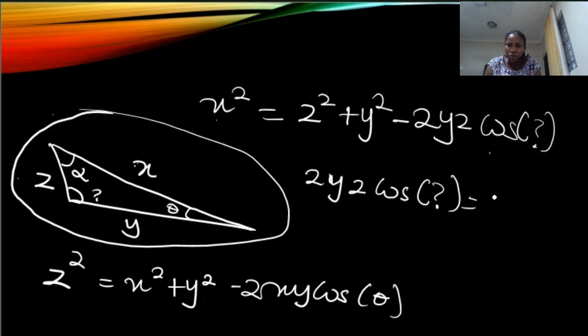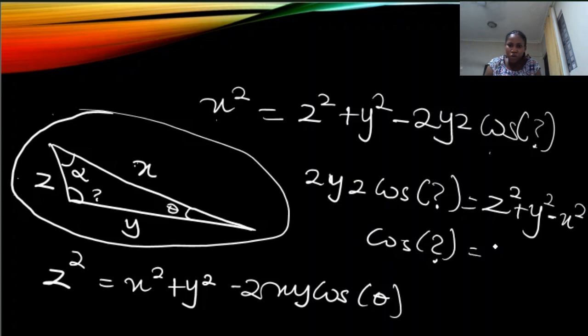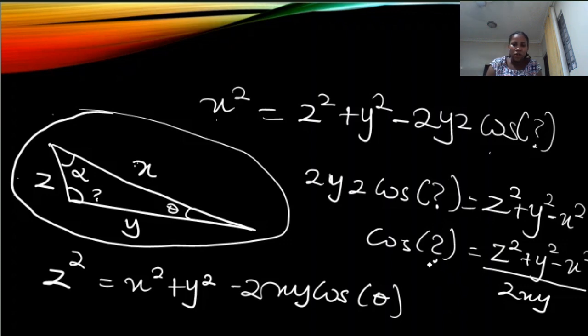So cos of the unknown angle will be equal to z squared plus y squared minus x squared, all over 2yz. Then you just do cos inverse of this expression, and you get your unknown angle.